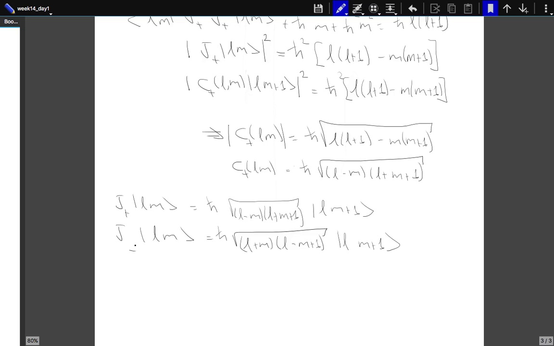And similarly, if you look at how J minus acts, if m is equal to minus L, that is the lowest possible value. If you try to lower it even further, it just becomes 0. Again, you cannot go below the minimum possible value of m, and you cannot go above the maximum possible value of m.